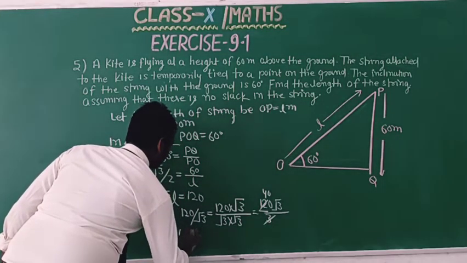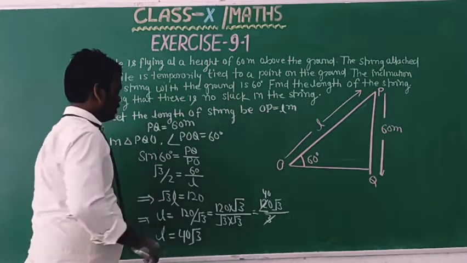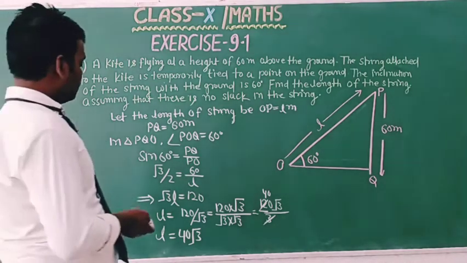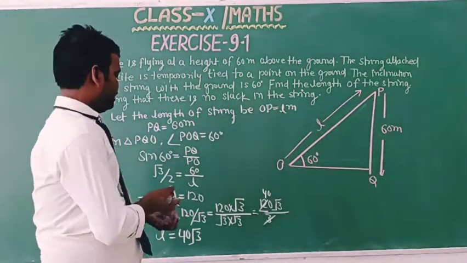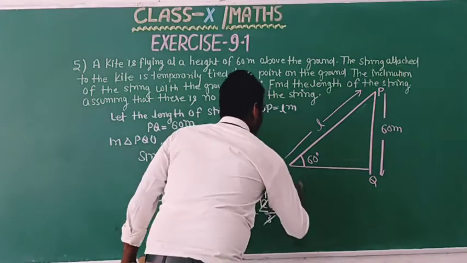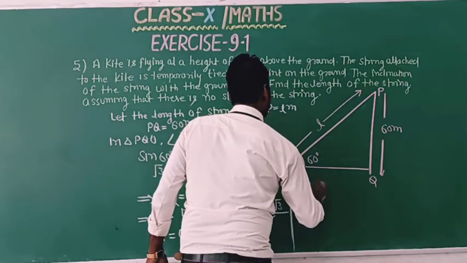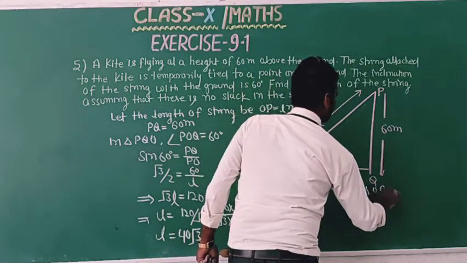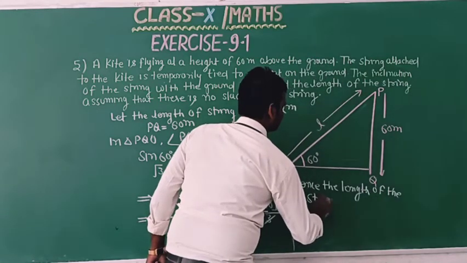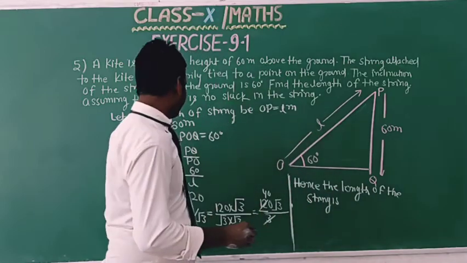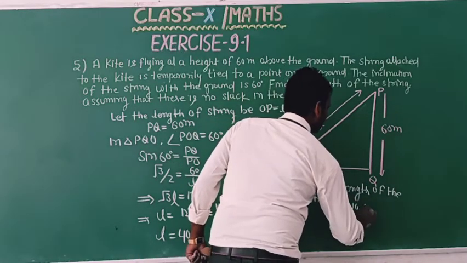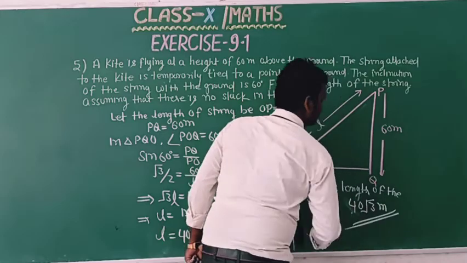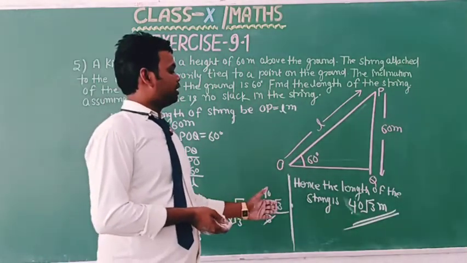So this is the length of the string. Hence the length of the string is 40 root 3 meter.